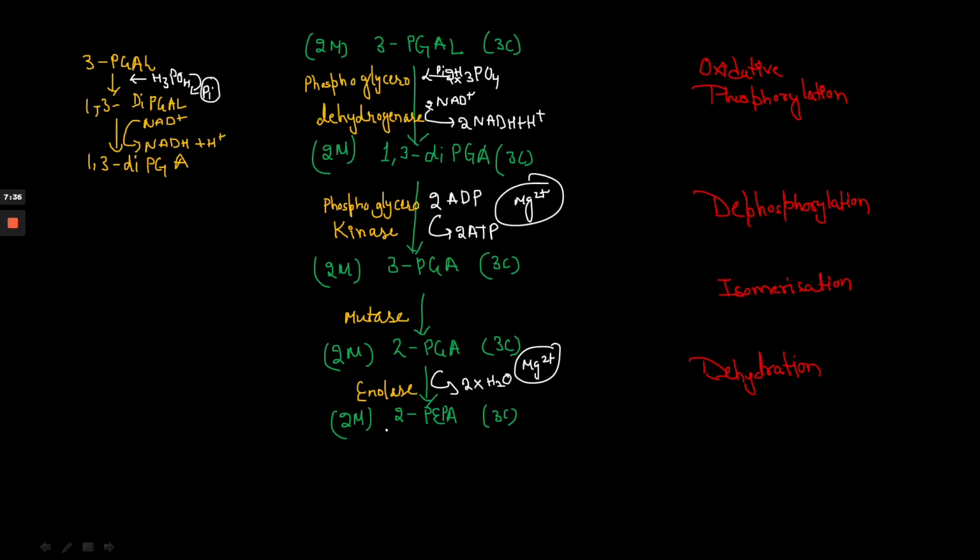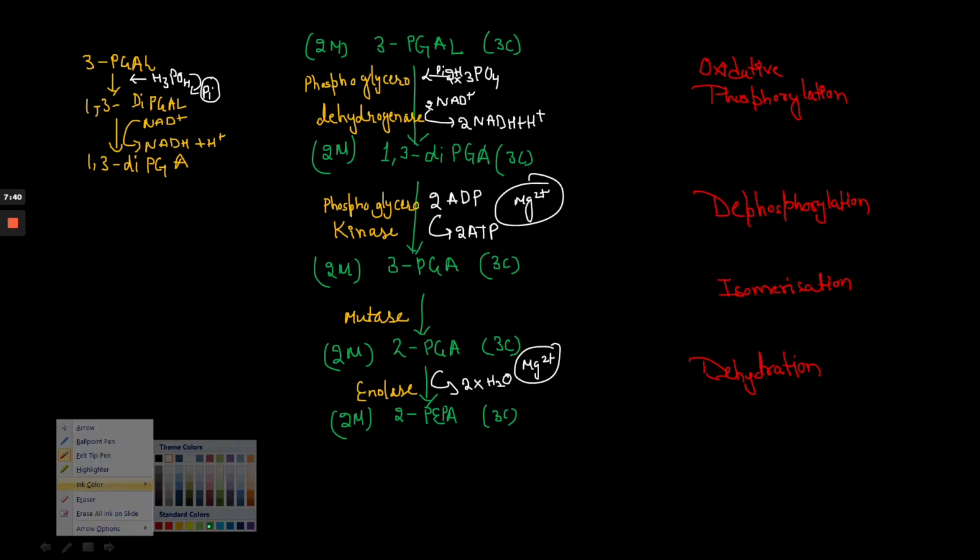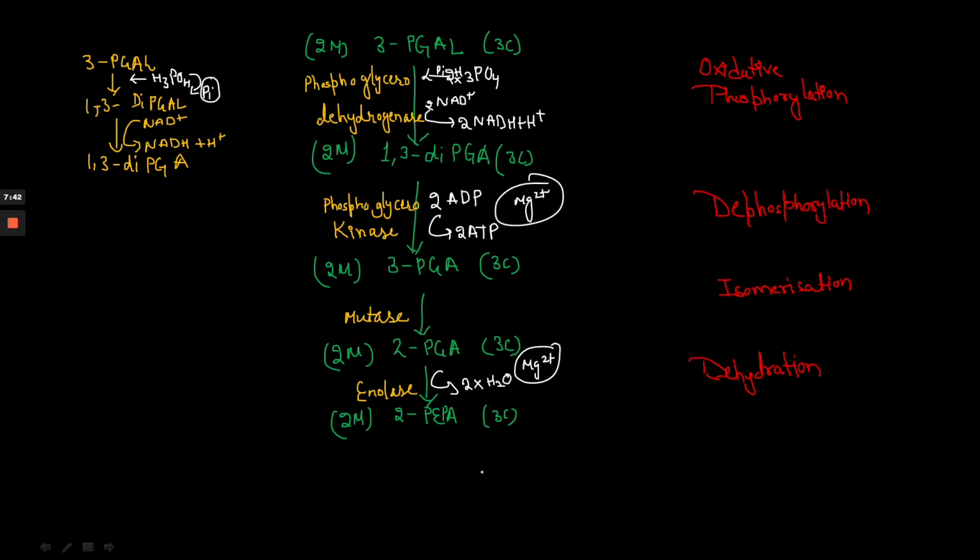Okay. Now, this 2-phosphoenol pyruvic acid is going to get converted ultimately into 2 molecules of pyruvic acid. Again, a 3-carbon compound.